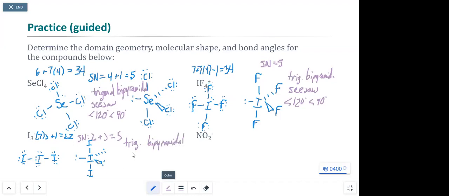But our molecular shape, because of all of those lone pairs, is going to be linear. And our bond angles, because all of those electron groups cancel each other out, is going to be 180 degrees. There's not going to be a shrinking of that bond angle in any kind of way because they all canceled each other out in the first place.